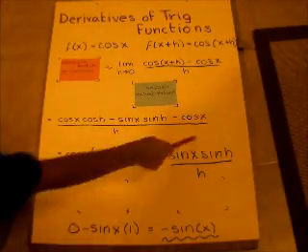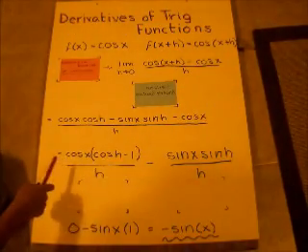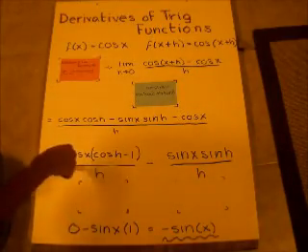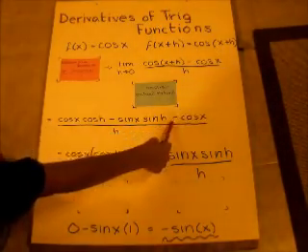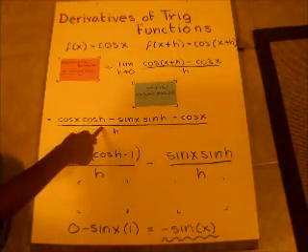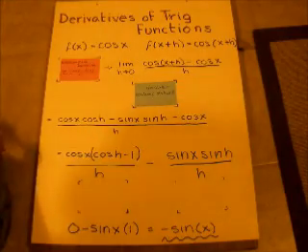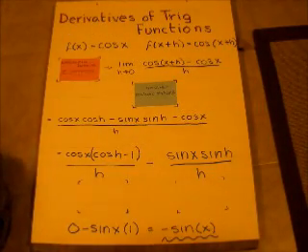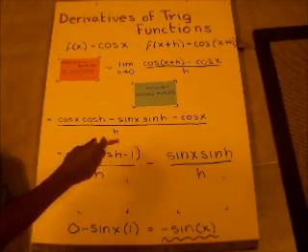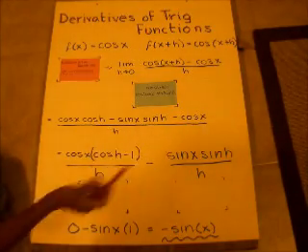And that's what it's going to look like. And here, I skipped a few steps, but basically what happened was I moved this minus cosine of x to this side, and then I factored out the cosine of x. So you're left with cosine of x times cosine h minus 1.